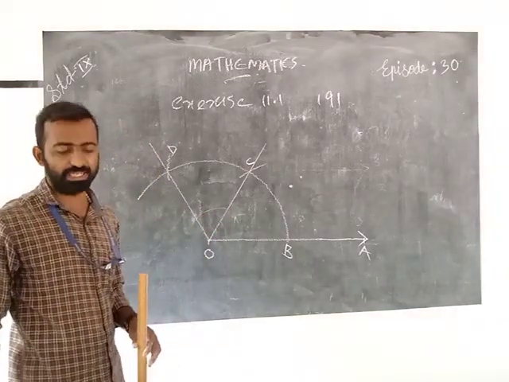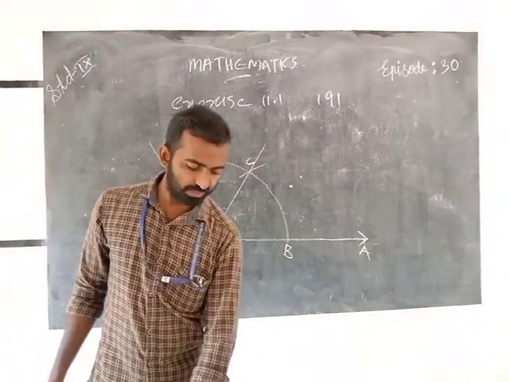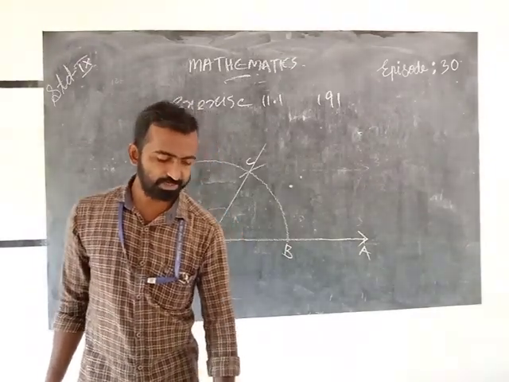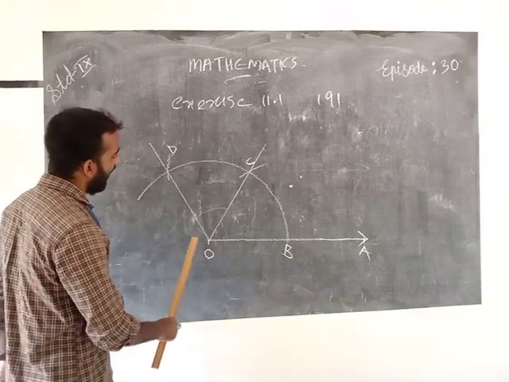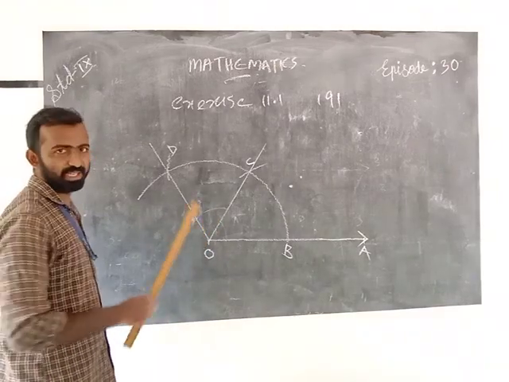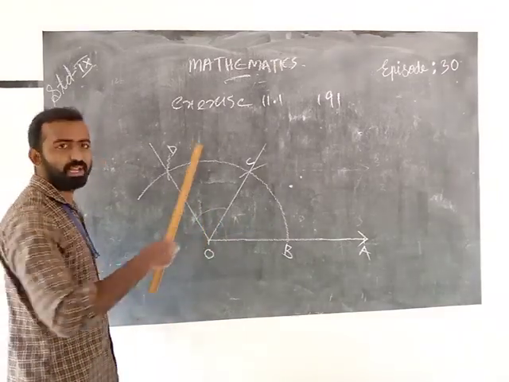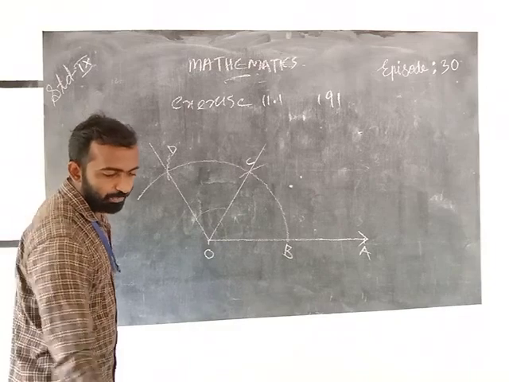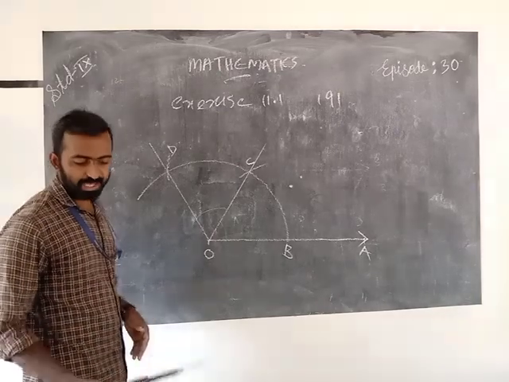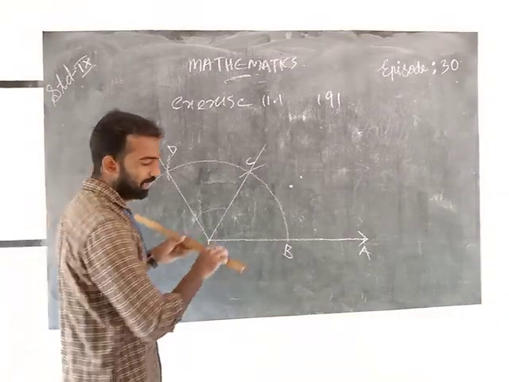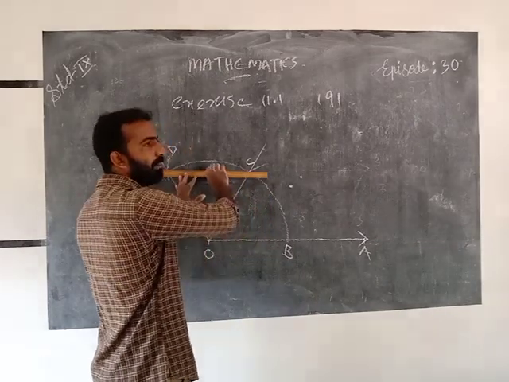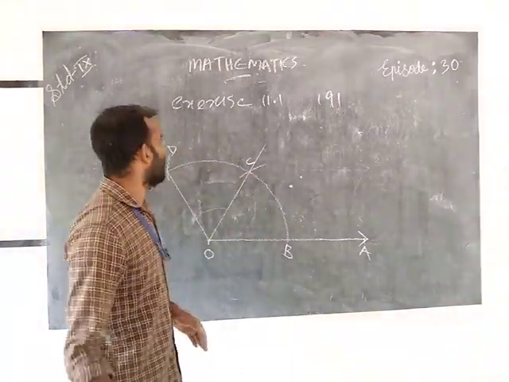We want 90 degrees. We want to construct a 90 degree angle. We can draw a bisector of this angle, then we get 30. Then 30 plus 60, we get 90. We take more than half of the length CD.